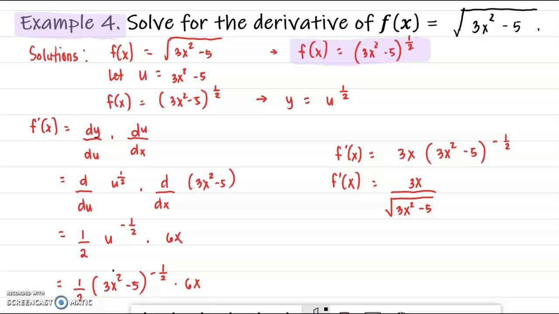And that is already our final answer. Alright, so that's basically how to perform the chain rule, especially when we are dealing with composite functions or functions that are a little complicated.